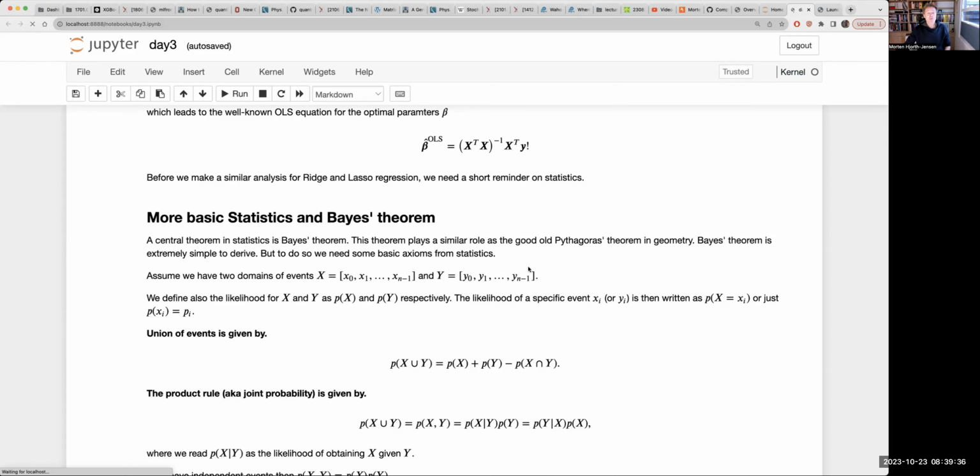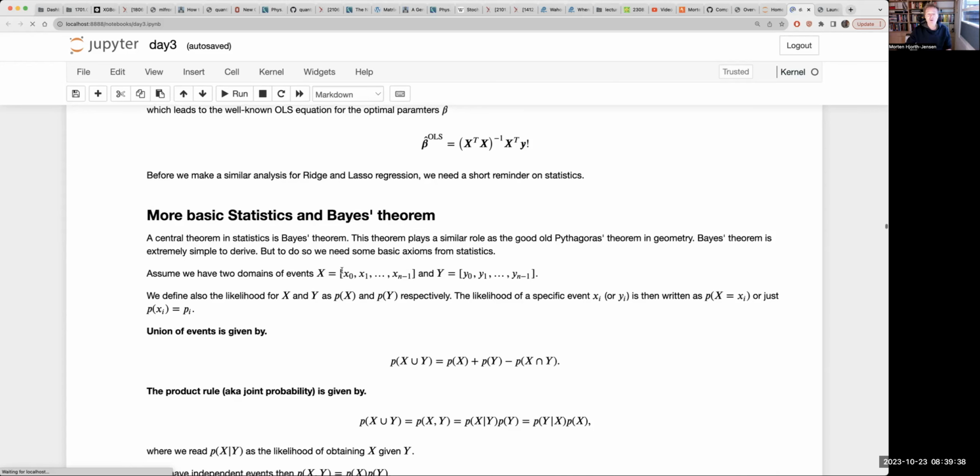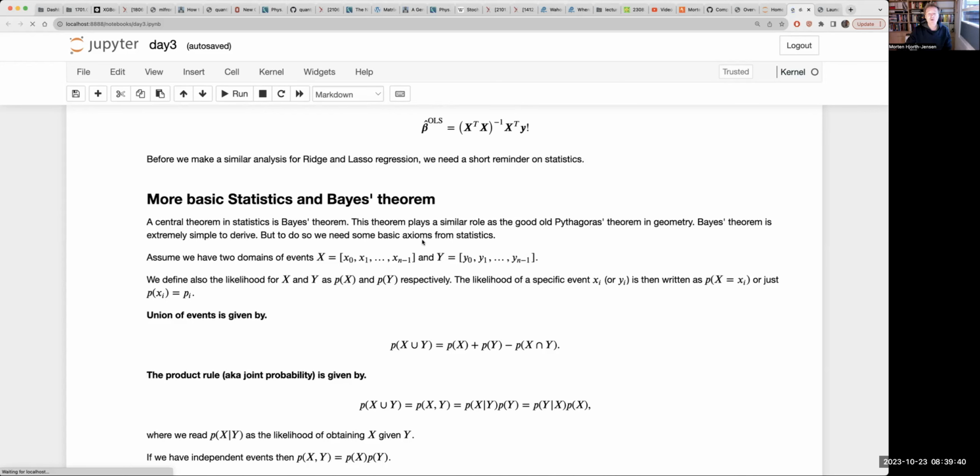Bayes' theorem is actually very easy to derive if we look back at some of the basic axioms from statistics. So we have a set of events, with x and y, and we can define the likelihood for x and y as p of x and p of y. These do not need to be the inputs and the outputs in our models. These could just be some stochastic variables, governed by some specific probability distribution.